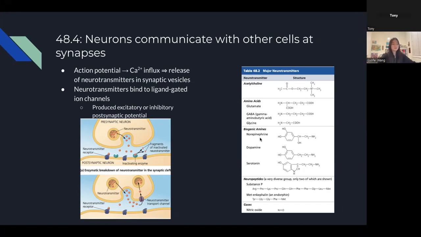Norepinephrine is responsible for speeding up the heart rate and regulating blood pressure under stressful situations, for example. Dopamine is responsible for the short-term reward feeling, and serotonin is responsible for a long-term good stable mood. And then nitric oxide, which is also really important, is responsible for vasodilation.